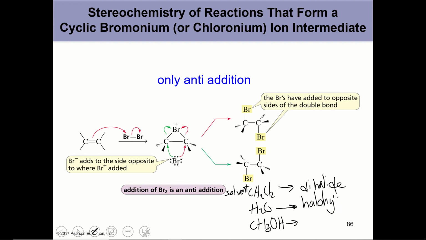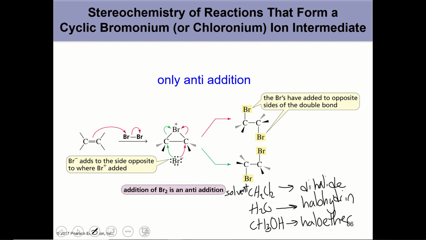Water produces the halohydrin, which has one halogen group and one hydroxyl group, and the methanol produces a haloether with one halogen group and one ether group. The two groups added will always add anti.